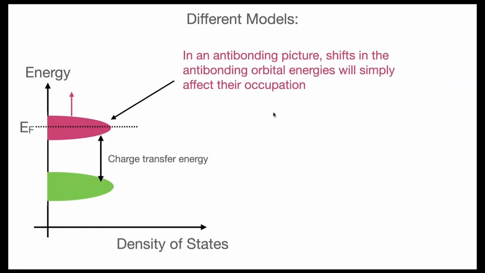And in this antibonding picture, why is this important? Well, if we shift these states around, you will shift the amount of charge in these antibonding d orbitals.